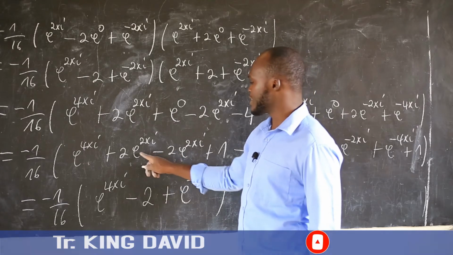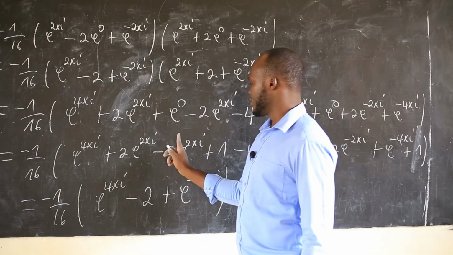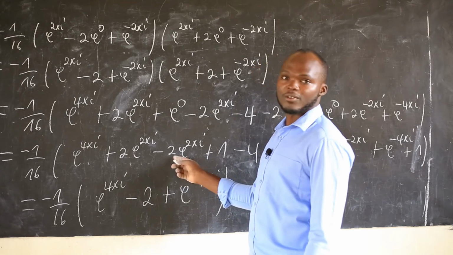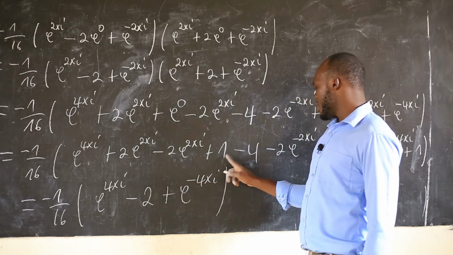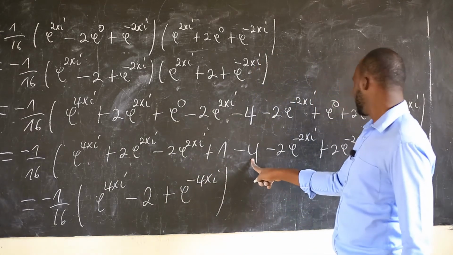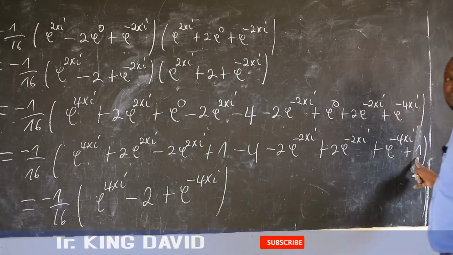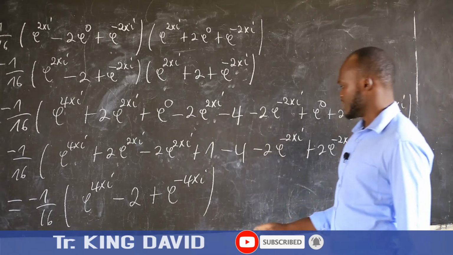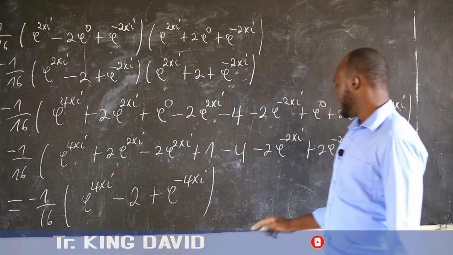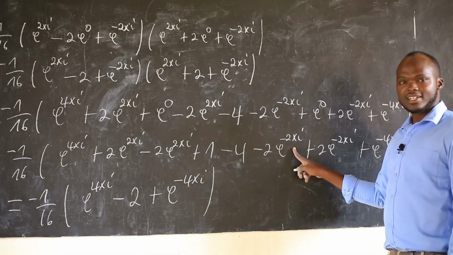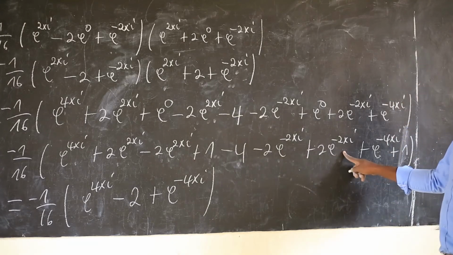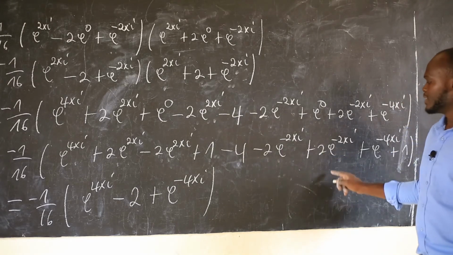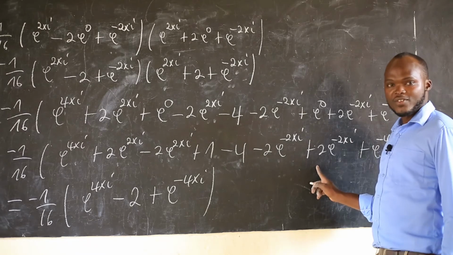Because they have the same exponent, they cancel each other, we get 0. No need of writing 0. Then 1 minus 4, that is negative 3. Negative 3 plus 1, that is negative 2, which is this one. Then negative 2 e power negative 2xi plus 2 e power negative 2xi, they have the same exponent with opposite coefficients.